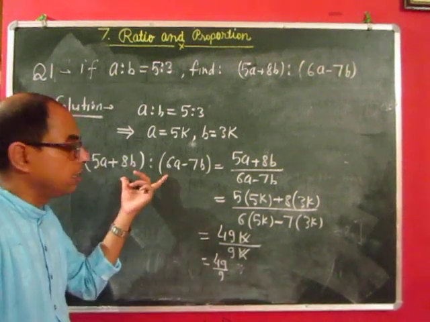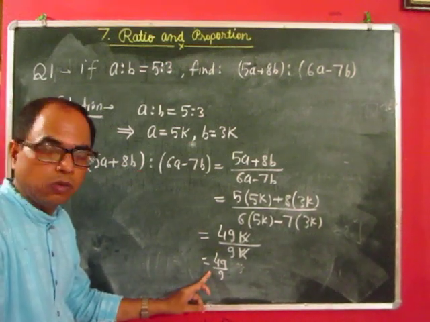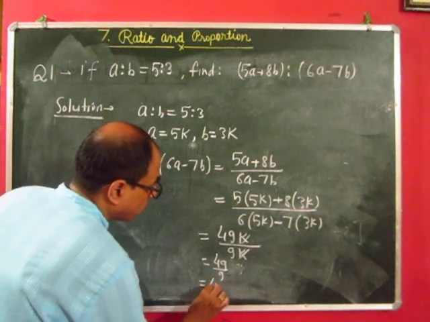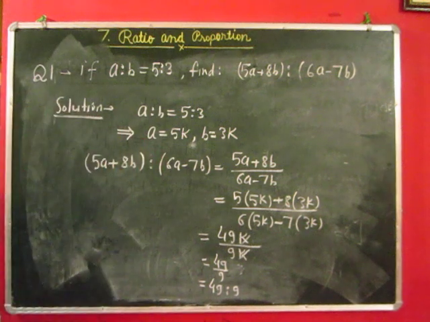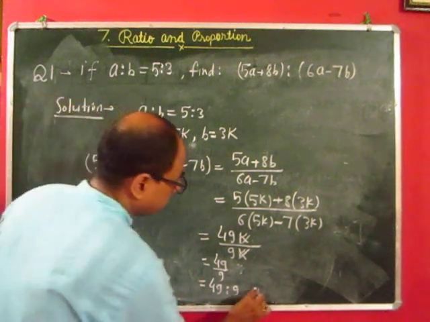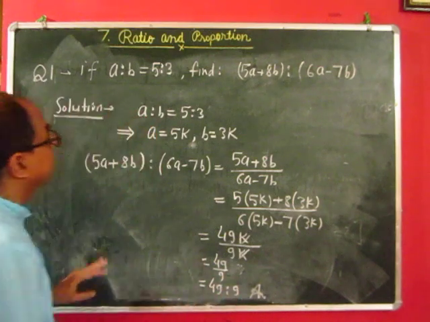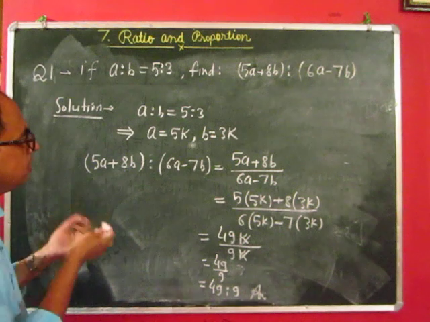Whatever format is given in the question, your answer must be in the same format according to ICSE rule. So your final answer will be 49 is to 9. This is not the final answer; this is the final answer. Now you can solve this question by another method also, but I think this is the simplest method.